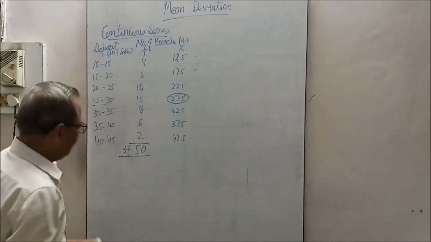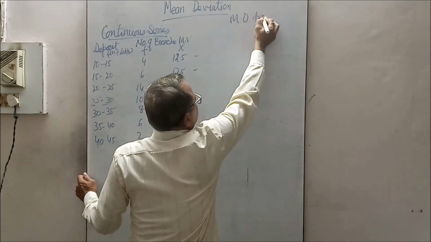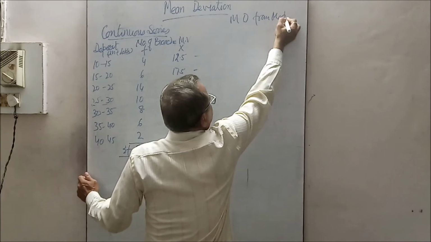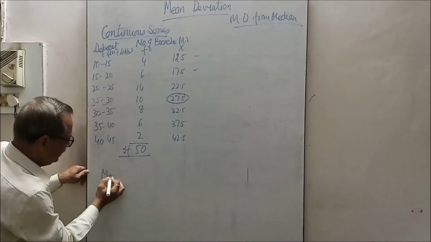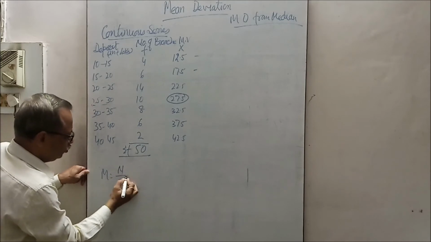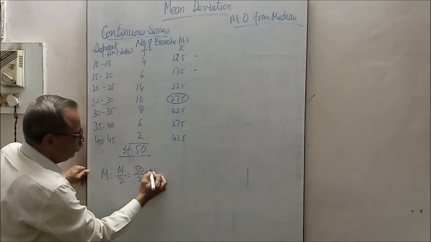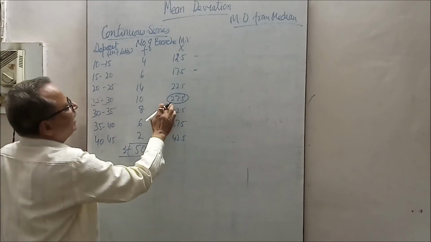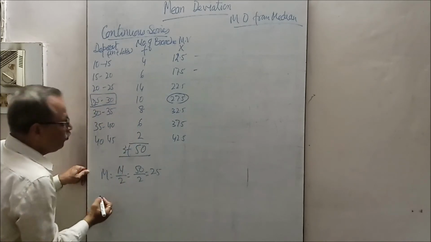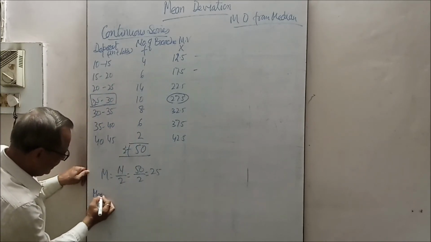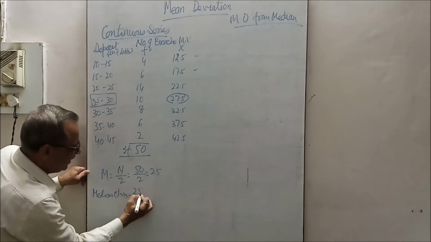The median is found by using n by 2, that is 50 upon 2, which is 25. It lies under 27.5, so this is the median class, 25 to 30.